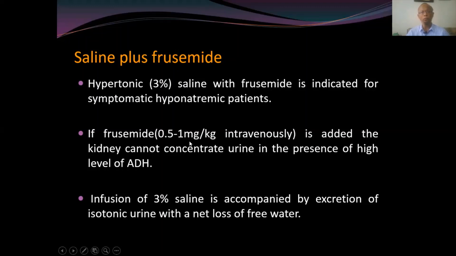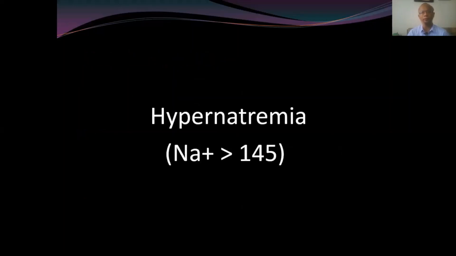Furosemide 0.5 to 1 milligram per kg intravenously is added so the kidney cannot concentrate urine in the presence of a high level of ADH. Infusion of 3% saline is accompanied by excretion of isotonic urine with a net loss of free water, so you can correct this within a very short time. Only for acute cases with neurological symptoms can you apply this. Otherwise, slow correction is always important.